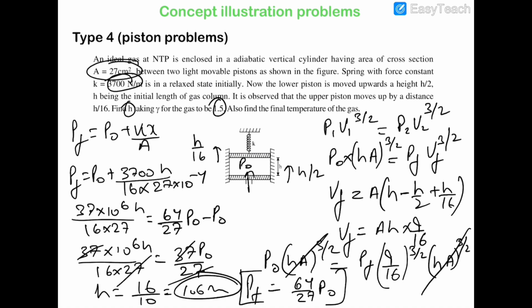Okay, now we also have to find out the final temperature of the gas. So we know that T initial V initial to the power gamma minus 1 is equal to T final V final to the power gamma minus 1.